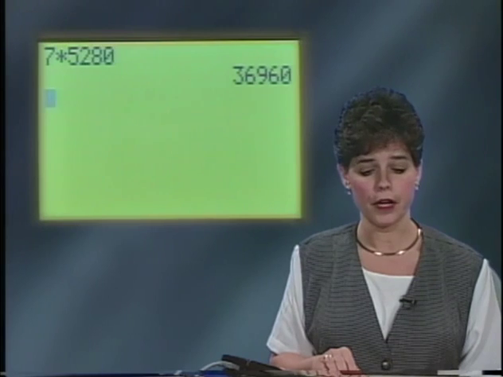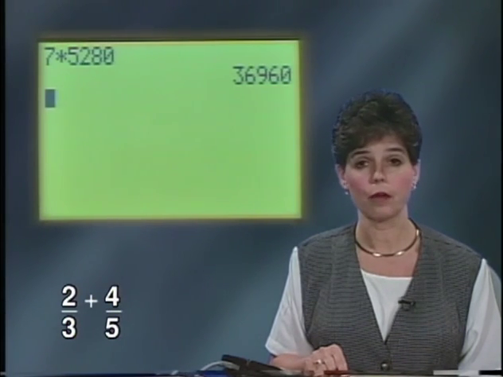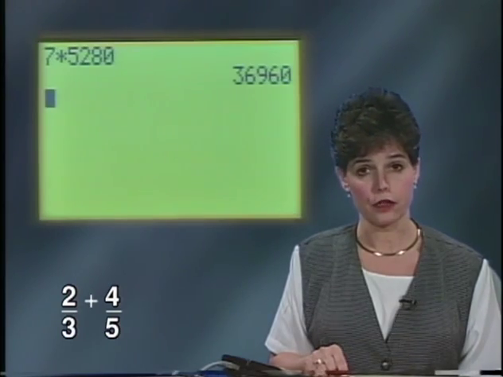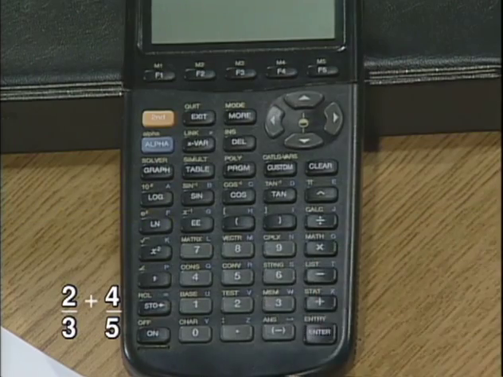Now we talked a little bit about the fraction bar and the division key. Keep that in mind. Now we did do a problem with it, but we're going to do another problem now that involves fractions. We're going to take 2/3 plus 4/5. So in order to get the fraction 2/3, I'm going to have to do 2 divided by 3.